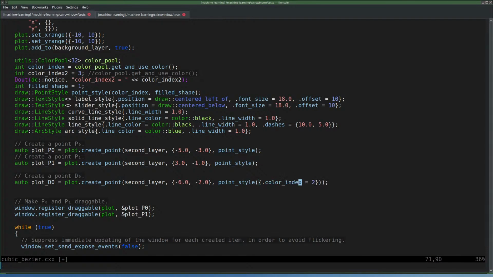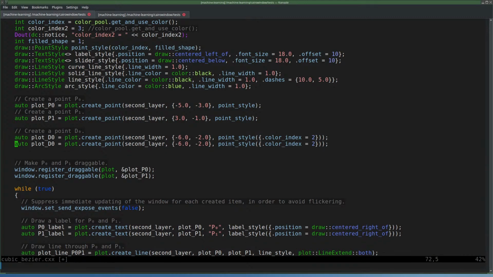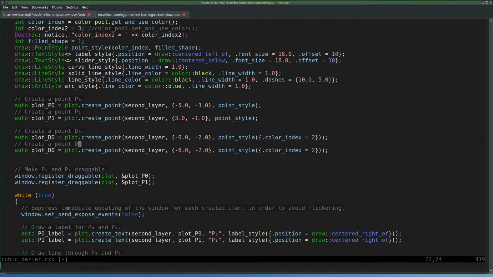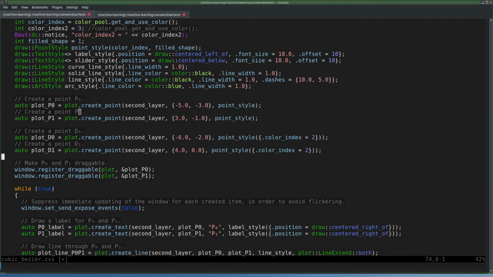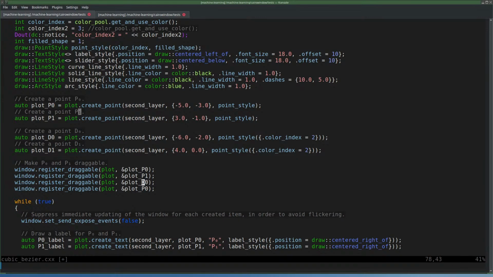It's called index. Everything is draggable.